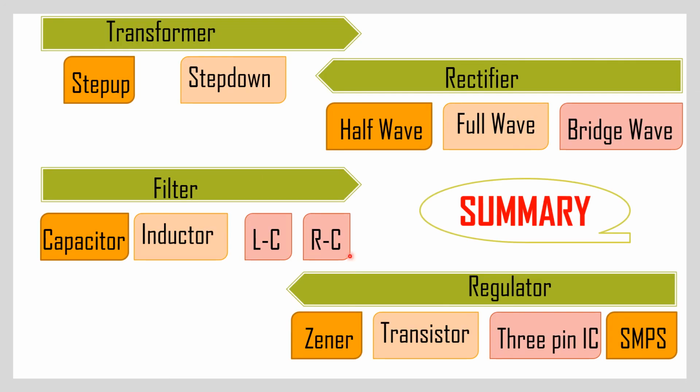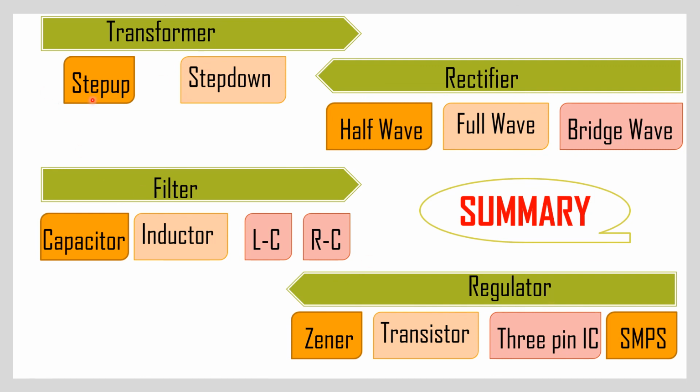So students, here we came to the end of the chapter power supply. Now let us revise what we have done in this chapter. First, we have seen the block diagram of the power supply. Which were the blocks? The transformer, rectifier, filter and voltage regulator.